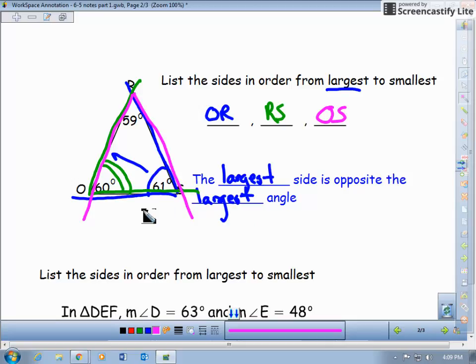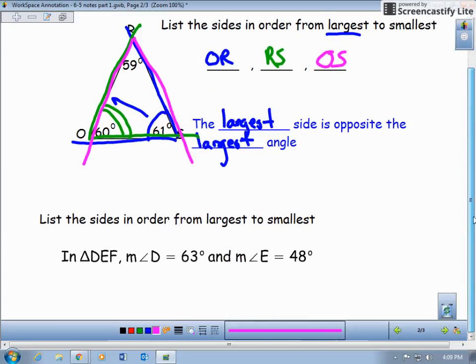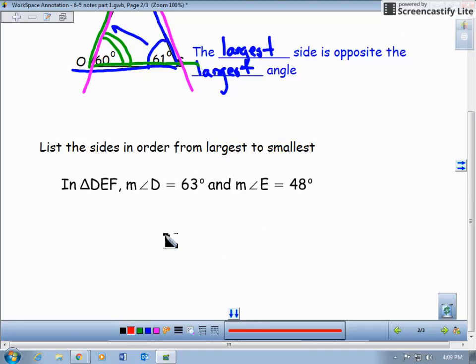So let's take a look at another example of this, and something you're definitely going to see is, let's list the sides in order from largest to smallest again here. Whoa, guys, they don't give me a picture here. So in triangle DEF, angle D is 63 and angle E is 48.